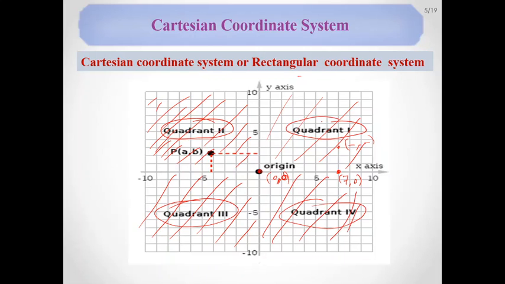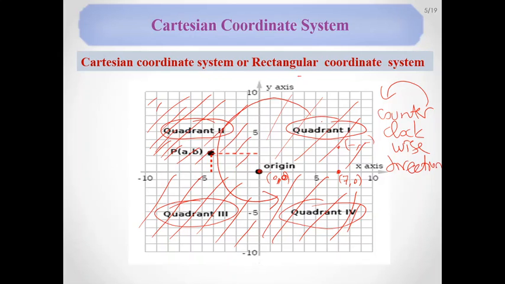As you see, when numbering them, we go this way, which we call counterclockwise direction. As you know, clocks go like this, 1, 2, 3, so they go this way. This is called clockwise direction.